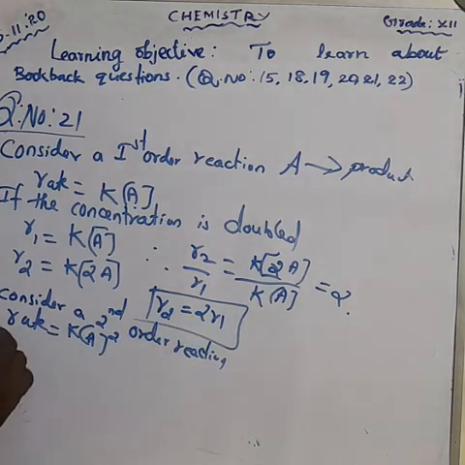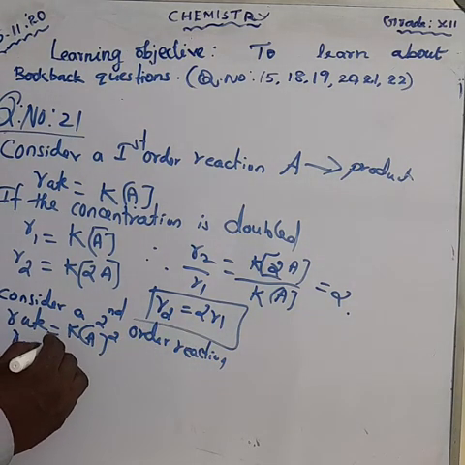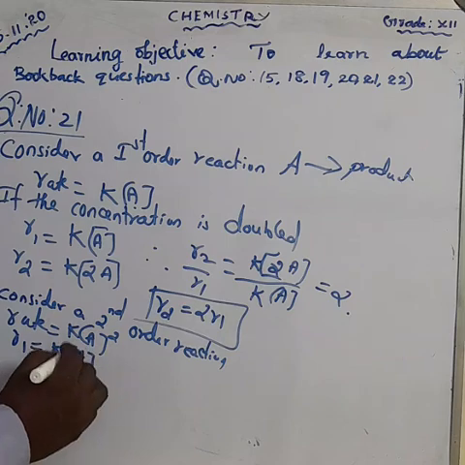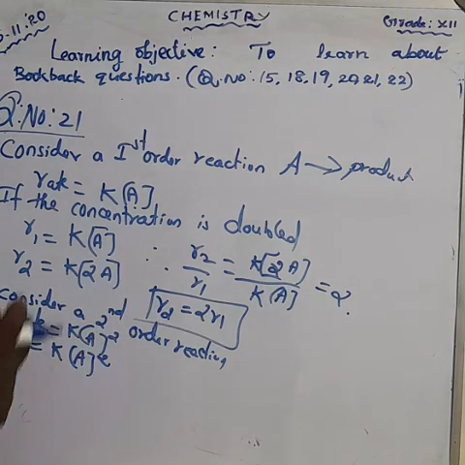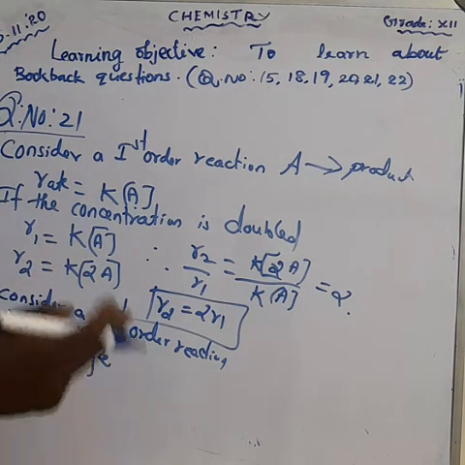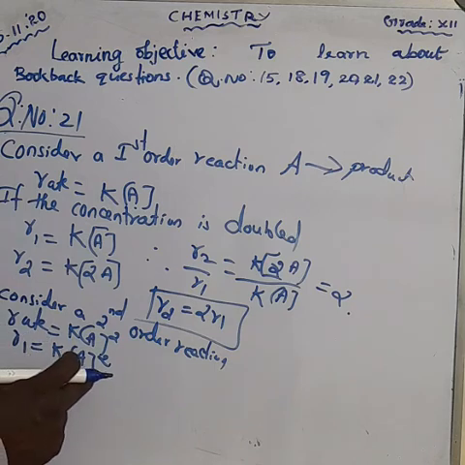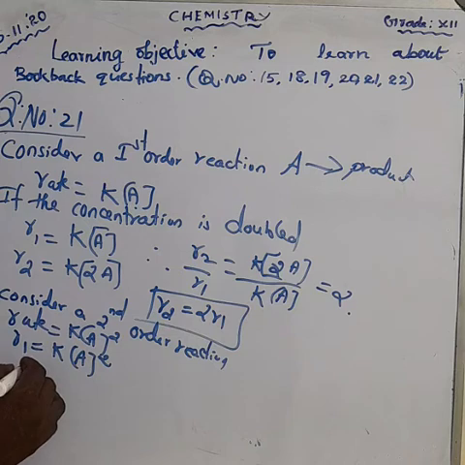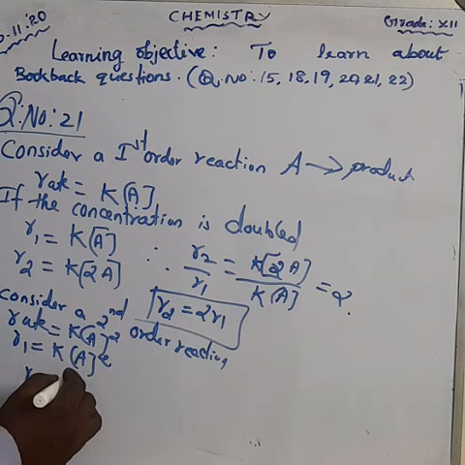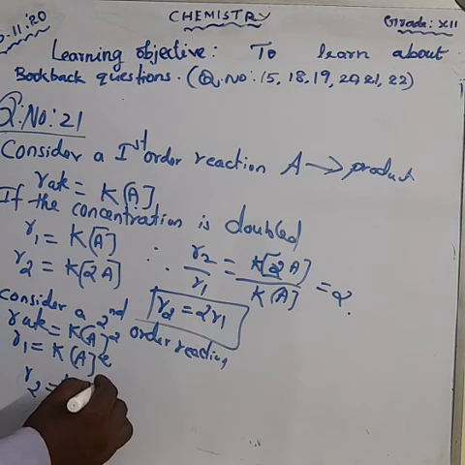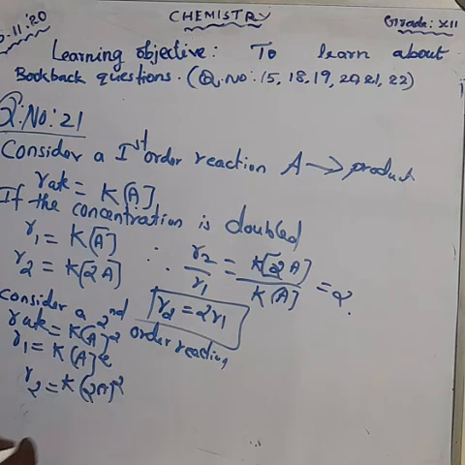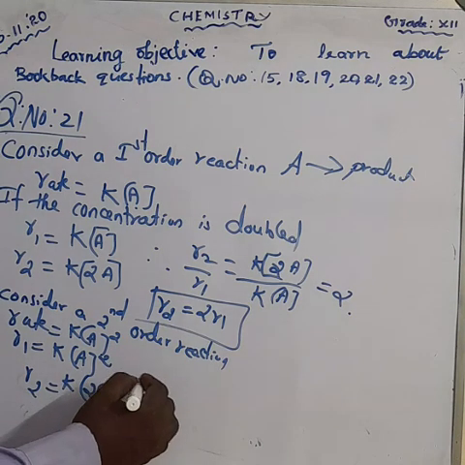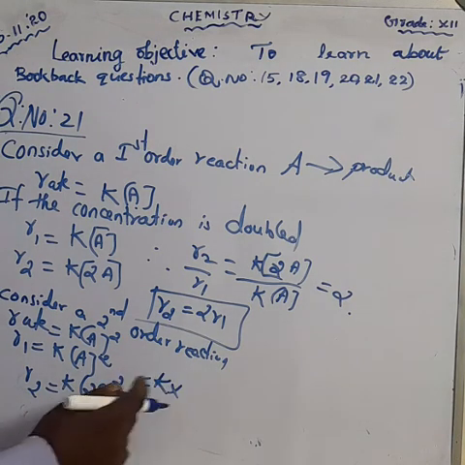Okay, so R1 is equal to K into A power 2. If the concentration of the reactant is doubled, R2 is equal to K into (2A) squared.